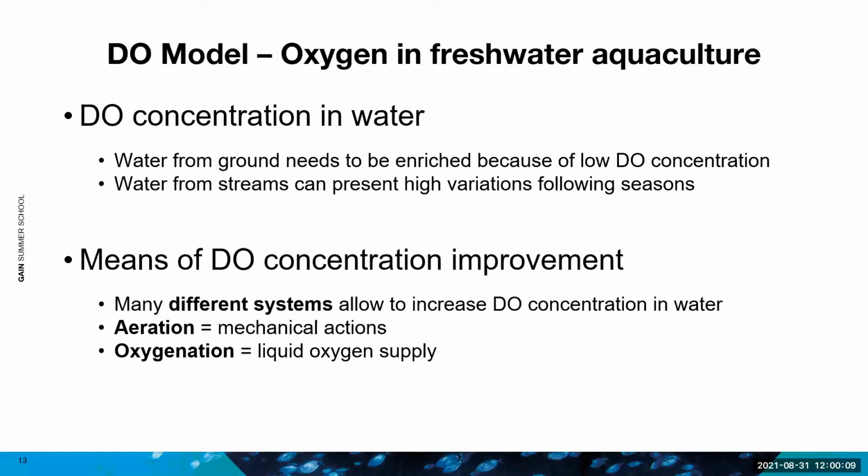Or you also have oxygenation, which is different and aims to use liquid oxygen, so tanks of liquid oxygen that you supply, and you have to find an efficient way to supply this liquid oxygen to the water.